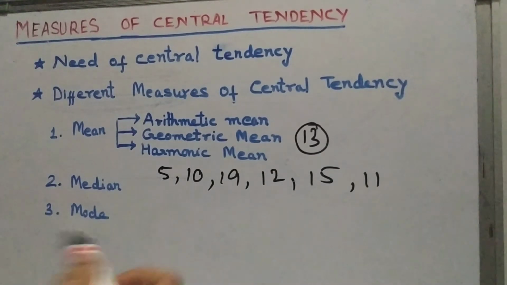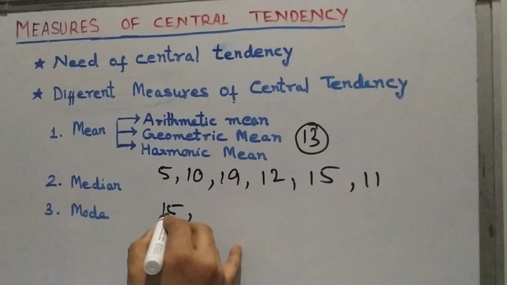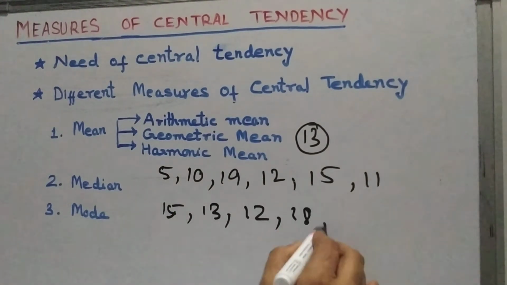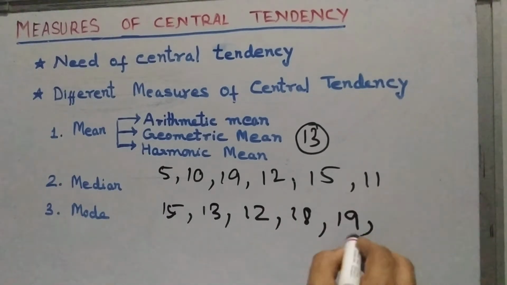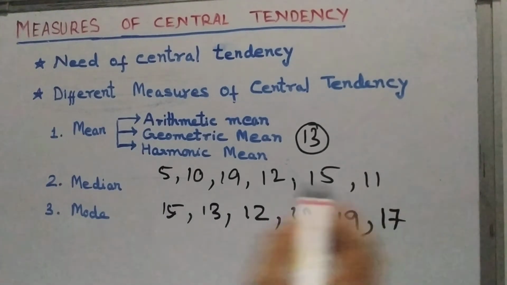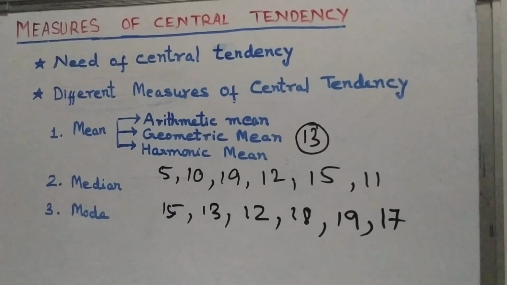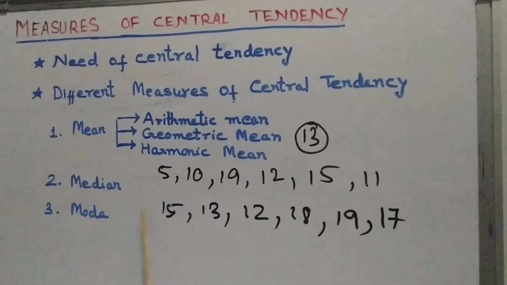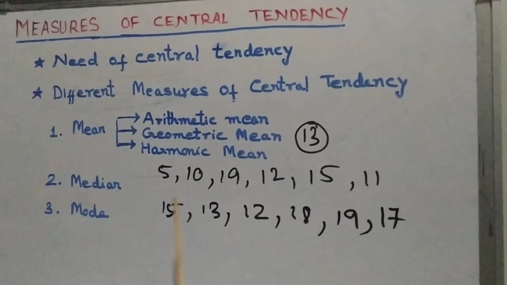And suppose one more data set I have 15, 13, 12, 18, 19, 17. If we are asked to compare these two data sets, we can easily compare them without finding the central tendency, because here the number of observations is small.